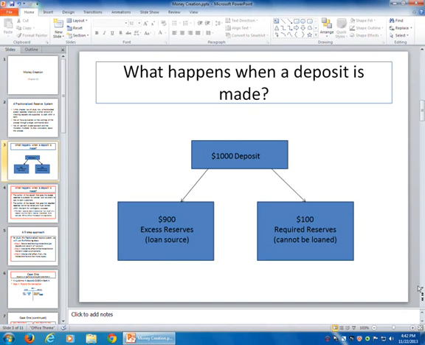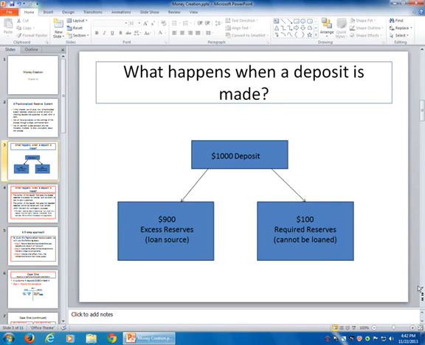But there's a transparent process that takes place that we typically aren't privy to as retail bank customers. Within the banking system itself, that $1,000 that I deposit gets split into two parts. Part of it goes into a pool called required reserves, and the other part goes into a pool called excess reserves.